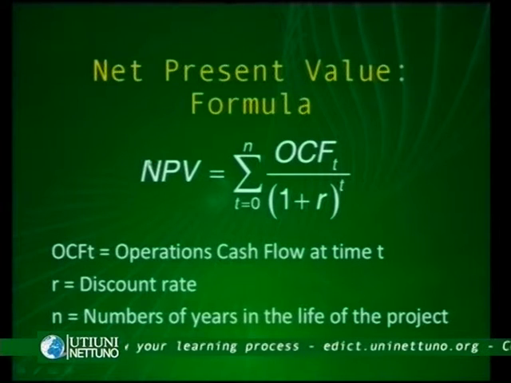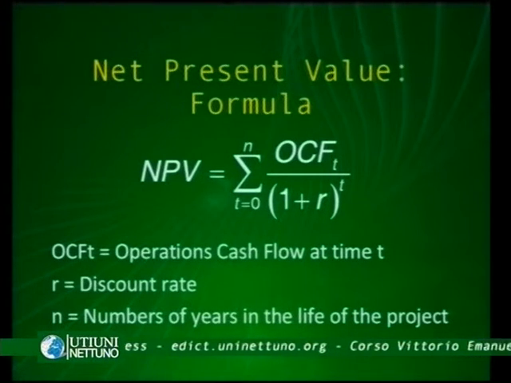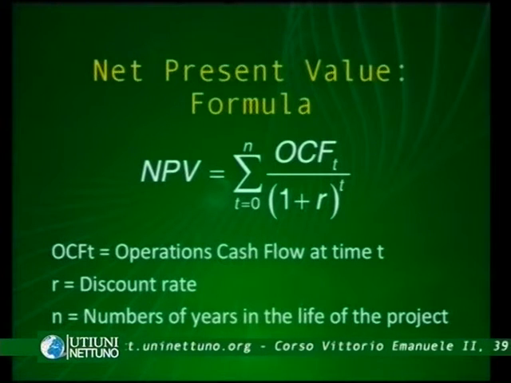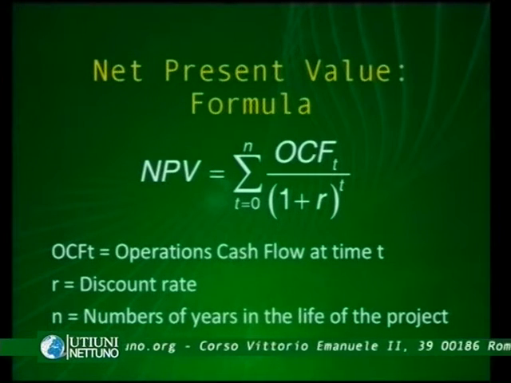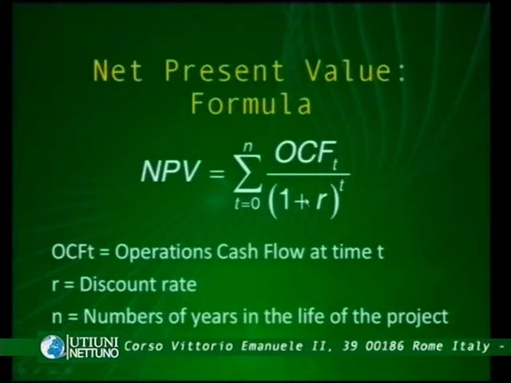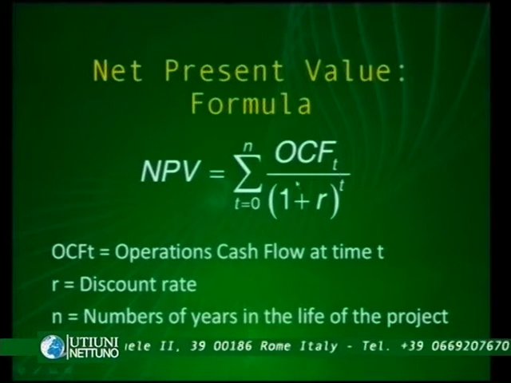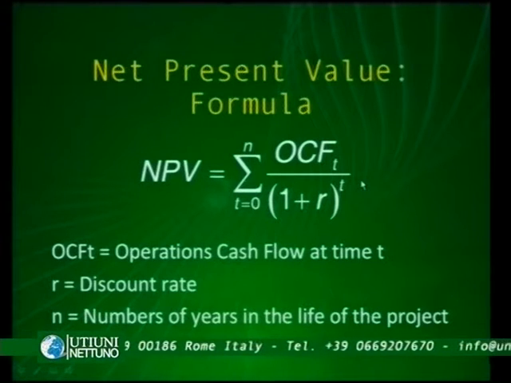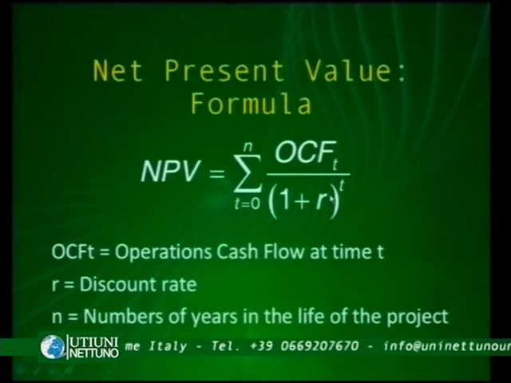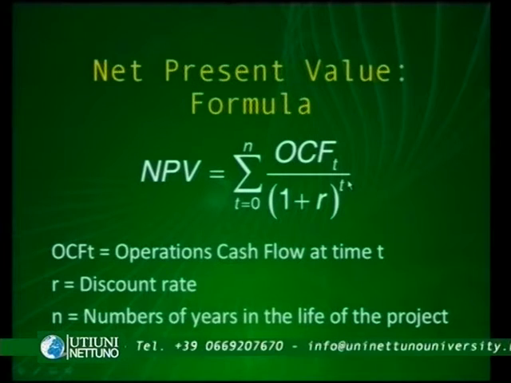N is the final year in the life of the project, and t is the timing of the cash flows. And here we have the operating cash flow at time t divided by 1 plus r, that is the discount rate, raised to t, that again is the timing of the cash flow.